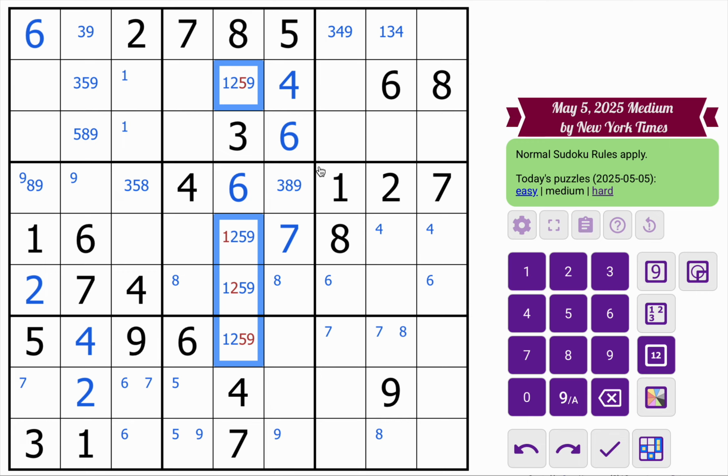Yeah, 1, 2, 5, 9. Interesting. We brought this down to 2 numbers. We brought this down to 3. The rest are all 3. And the 1 can go into many places, 2 can go into many places, 5 can go into many places, and 9 can also. So there's no way we can eliminate anything.